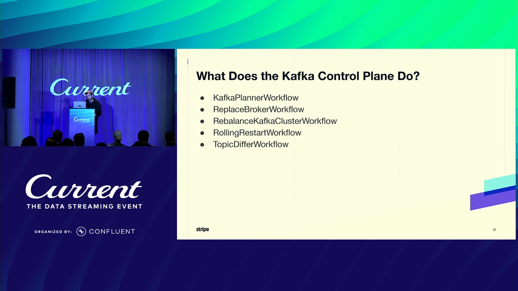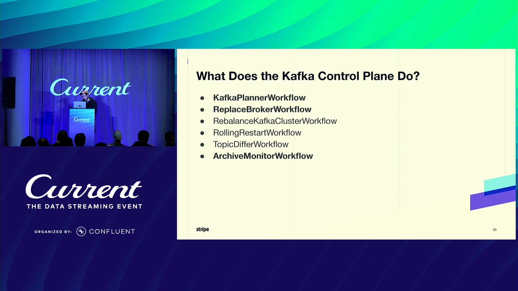We have something called the topic differ workflow, which is some slang that we have for managing all of our topic configurations. We run this within each of our regions. Then we have our archive monitor workflow, which I mentioned earlier, and like I said, this just ensures that all the data that we write to S3 from our Kafka brokers was written correctly to the correct file destination or file path.